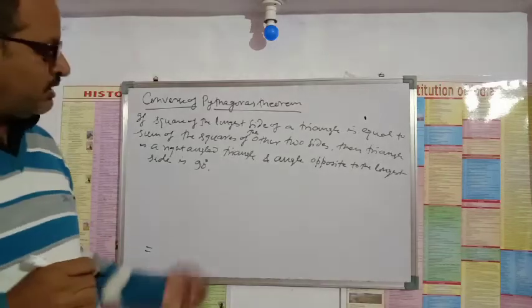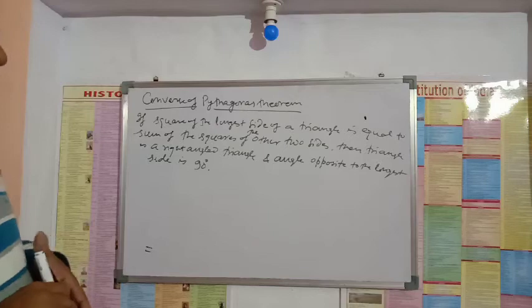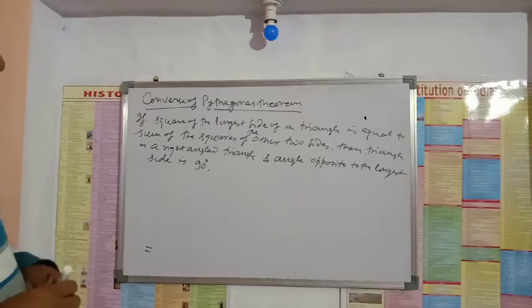Angle opposite to the longest side will be 90 degrees. This is the converse of Pythagoras theorem.